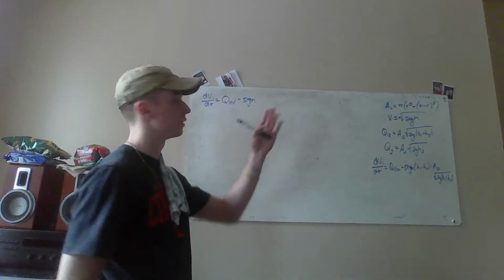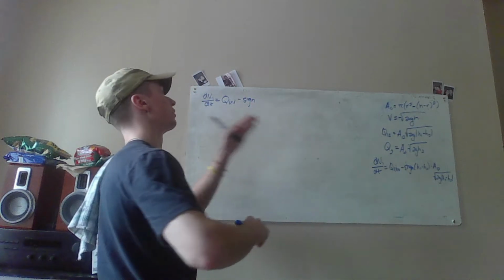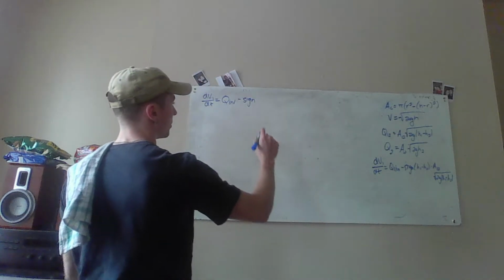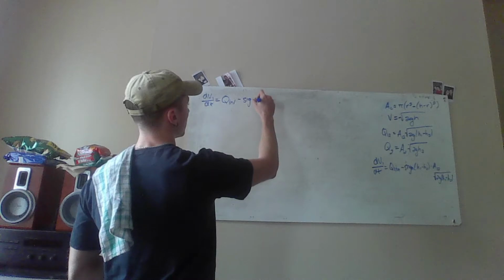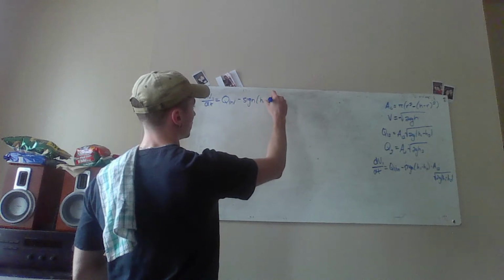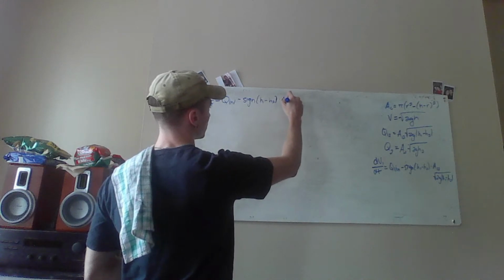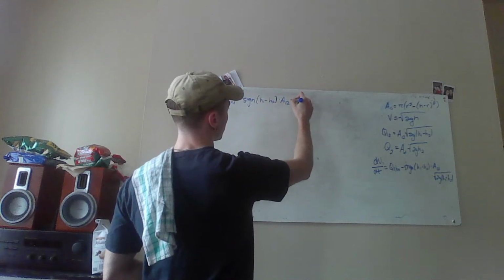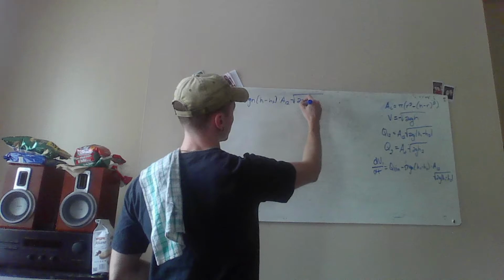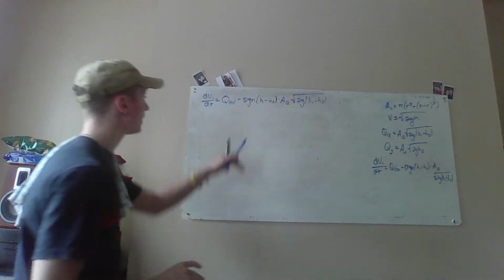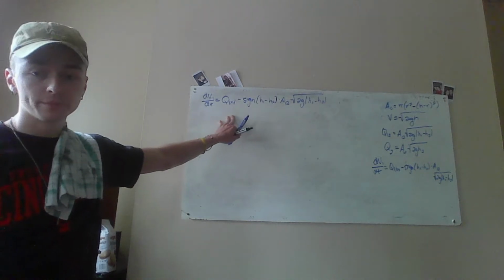Again, if the height of fluid in tank 2 is greater than tank 1, which would make it a negative, we change that, make it positive. Height 1 minus height 2 times the connection between tank 1 and 2 times the square root of 2 times acceleration due to gravity, absolute value of height of fluid 1 minus height of fluid 2. So that is the initial flow rate of tank 1.